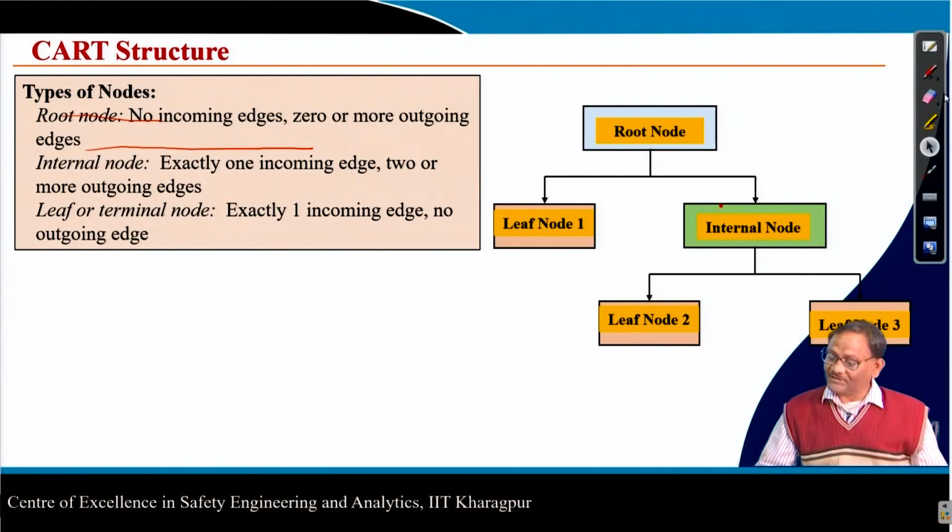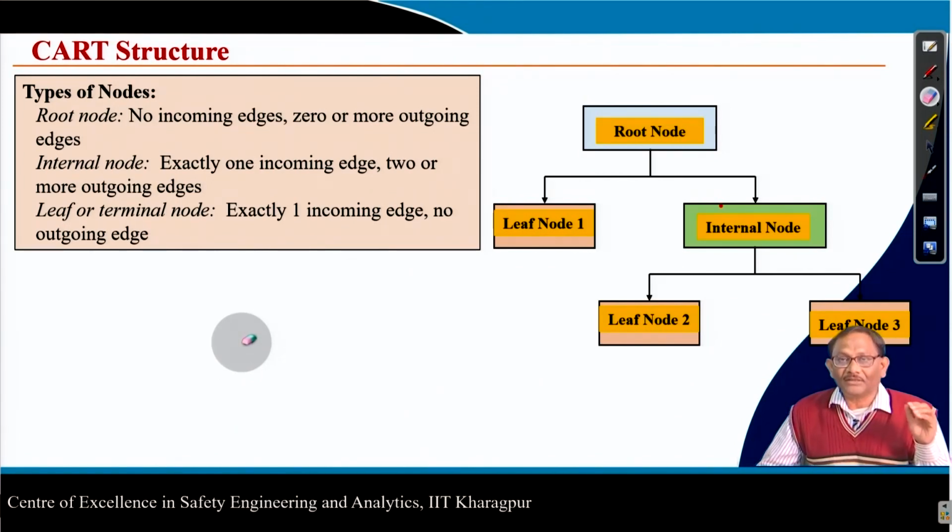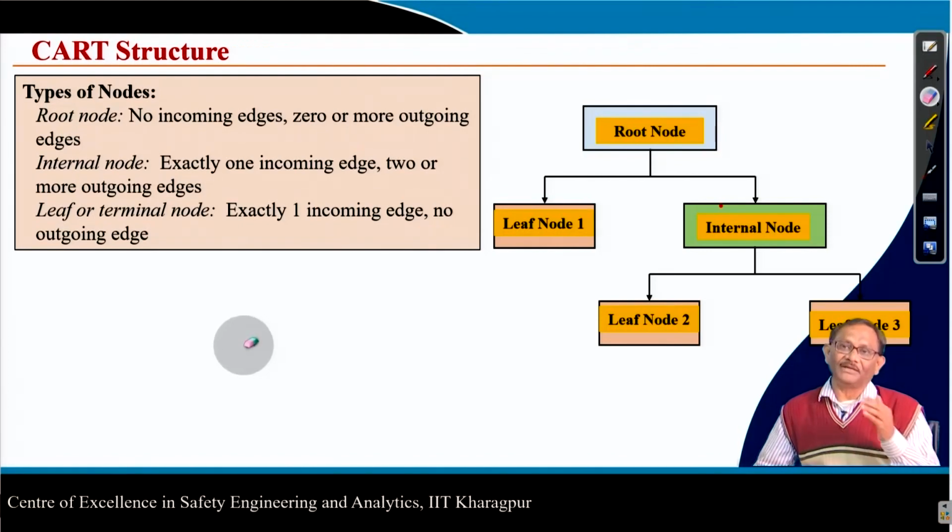Now I will discuss a little bit about the different nodes. I already told you earlier that it starts with the root node, and then gradually at every node it splits into two branches.